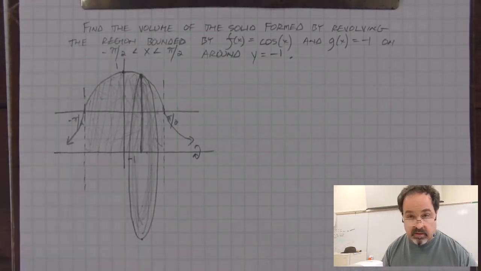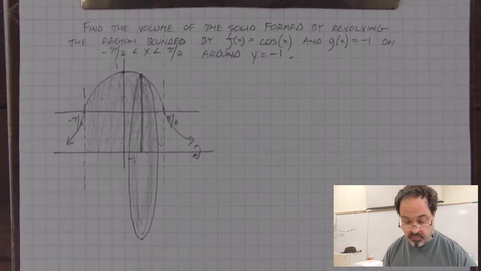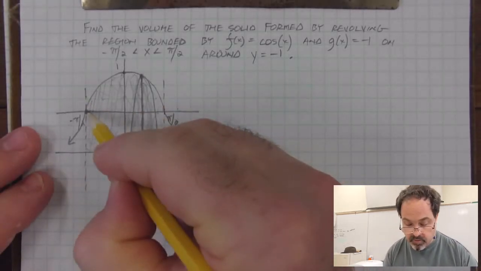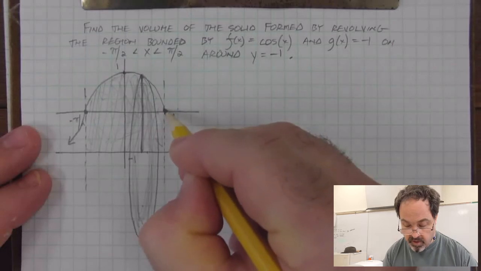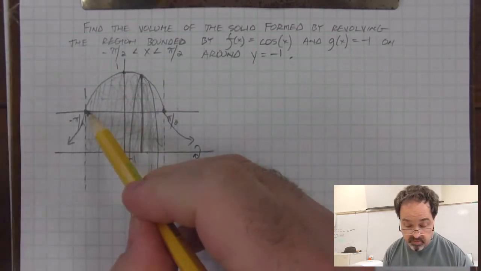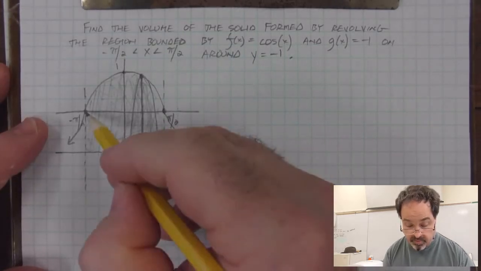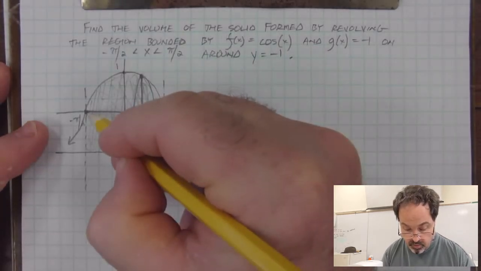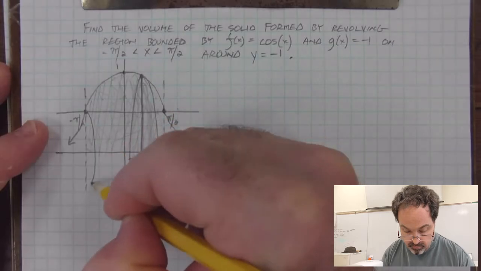To help complete the illusion of a 3-dimensional solid, I'm in the habit of doing the same thing with my endpoints. So we have function values at -π/2, and that function value will revolve around the line, creating a circle.